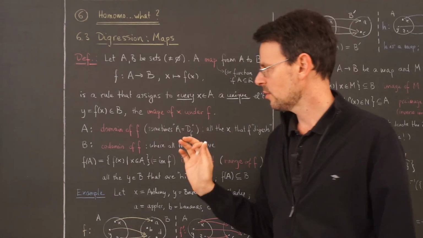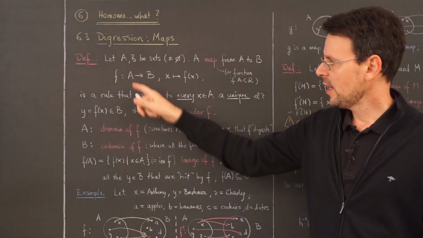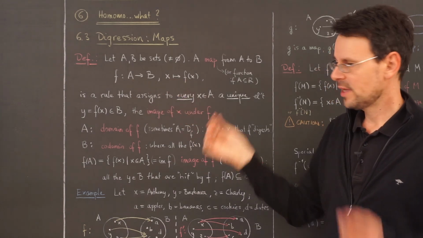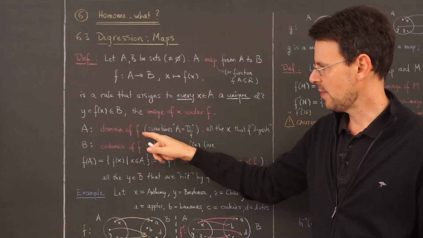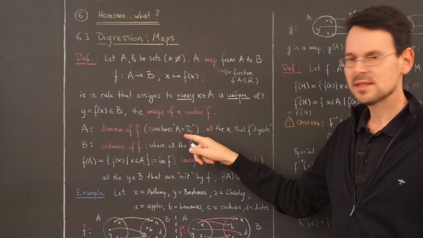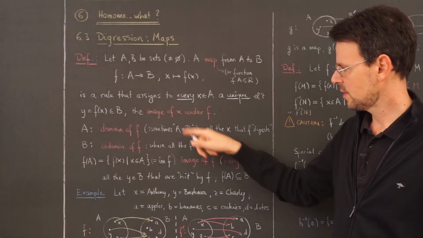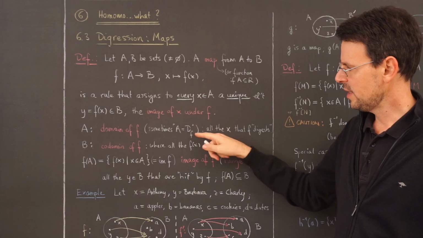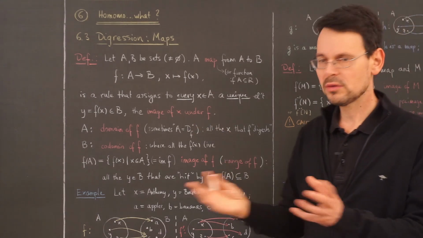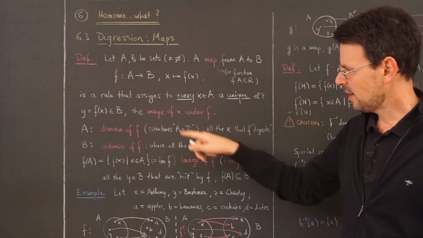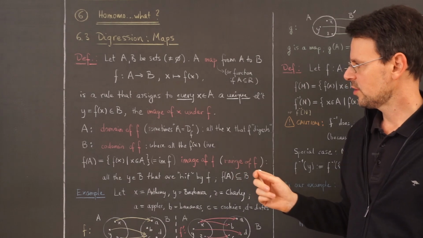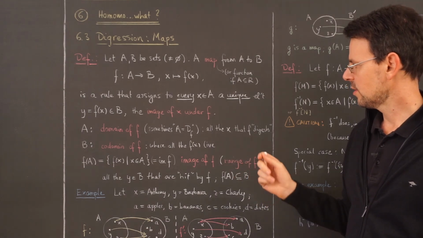Now some more terminology. A, where the x's live that I plug into f, is called the domain of f. Sometimes, at least in the German literature, A is denoted by d sub f, meaning the definition domain. But I don't think it's used that much in the American or English literature.